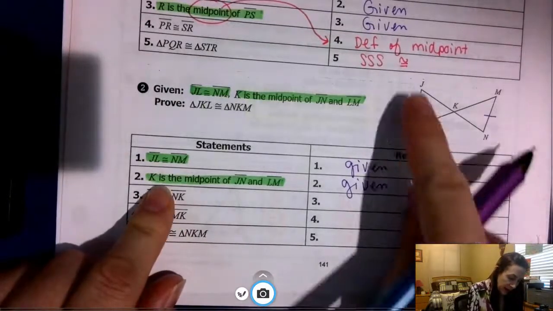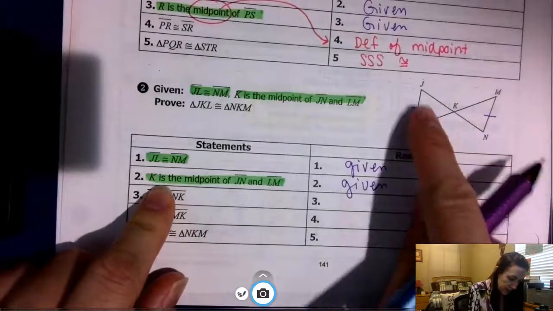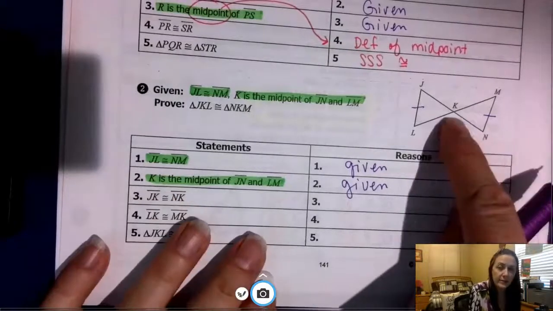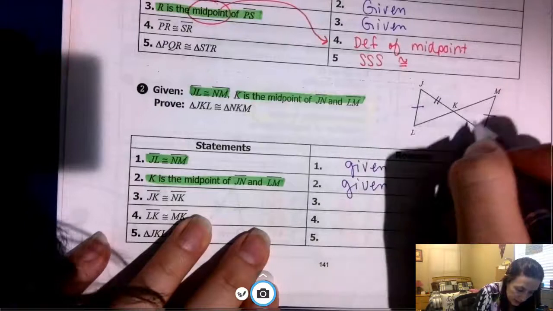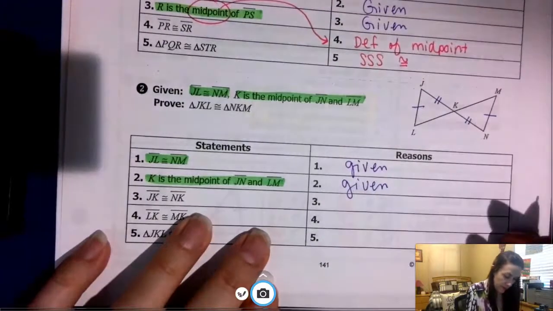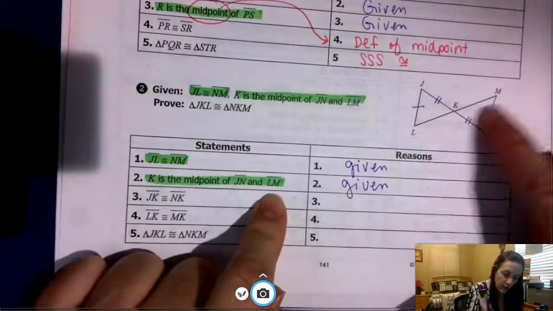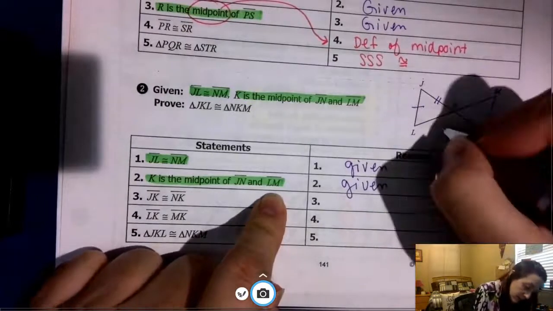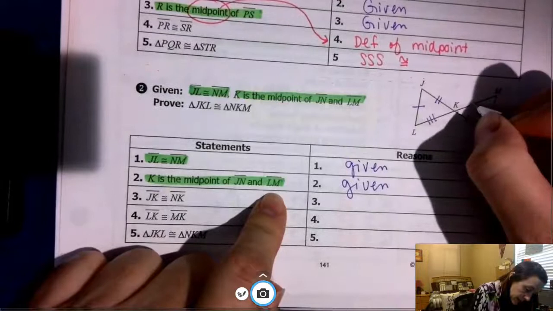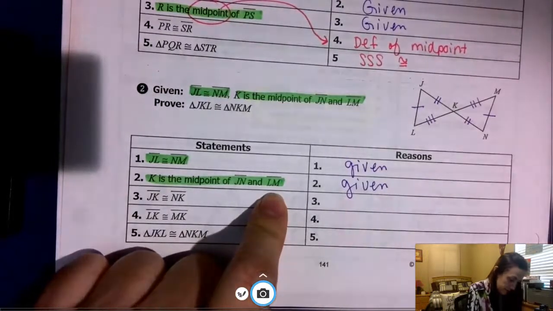Then I know K is the midpoint of JN. K is right in the middle. And if it's exactly in the middle, that means that this over here and this over here have to be the same. It's also the midpoint of LM. It doesn't always have to be, but in this case it is. Which means this over here will be congruent to this over here.